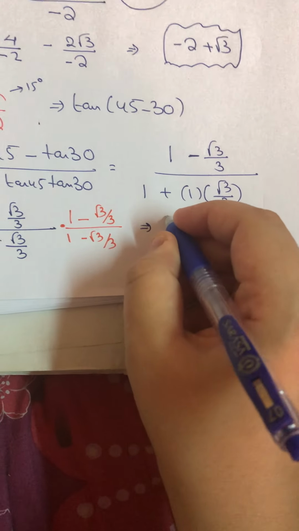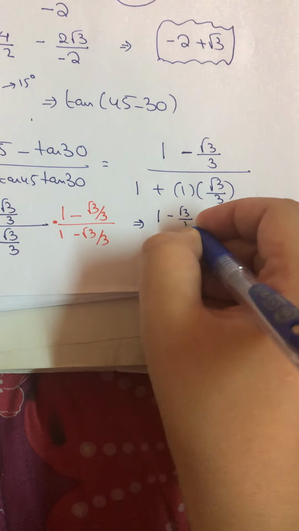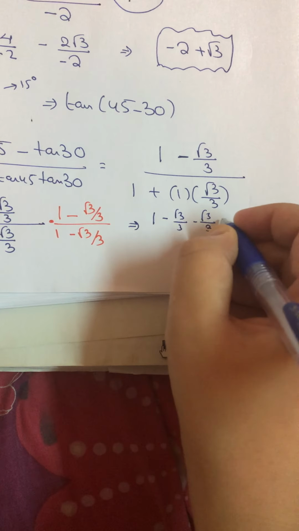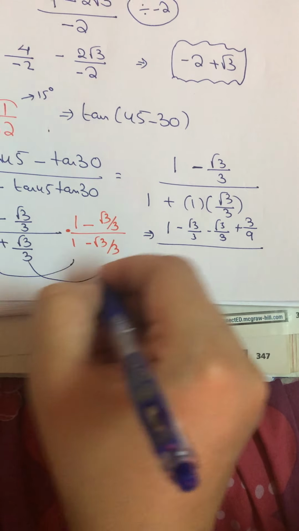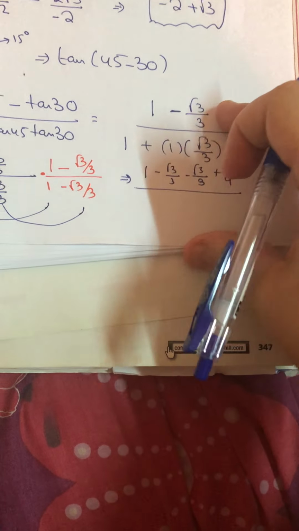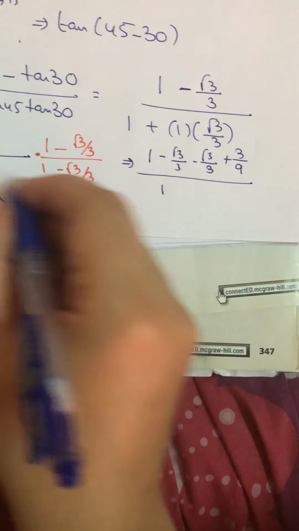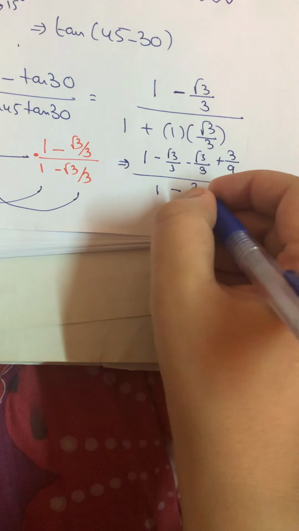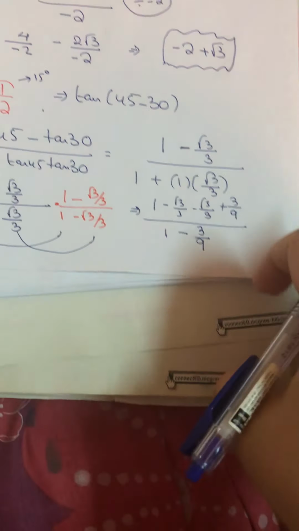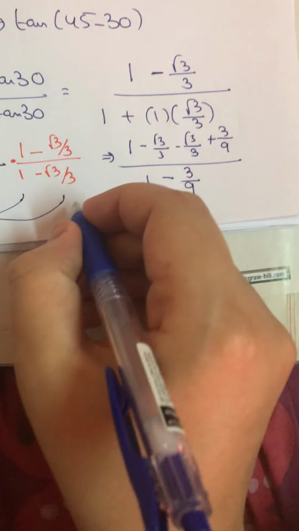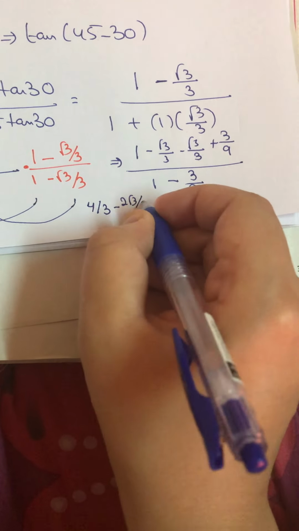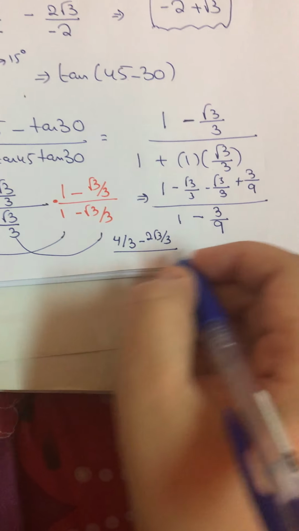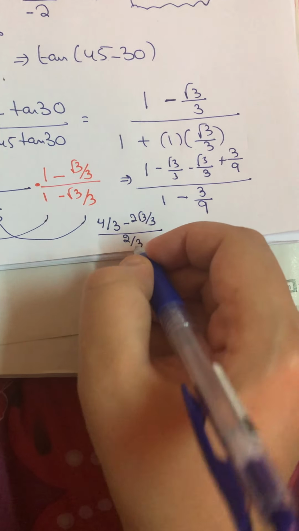The numerator will become 1 minus root of 3 over 3 minus root of 3 over 3 plus 3 over 9, divided by first with first, last with last, 1 minus 3 over 9. Root of 3 times root of 3 is 3, and 3 times 3 is 9. Okay, so if you simplify the numerator, you will get 4 over 3 minus 2 root of 3 over 3 all over 1 minus 1 over 3 is 2 over 3.